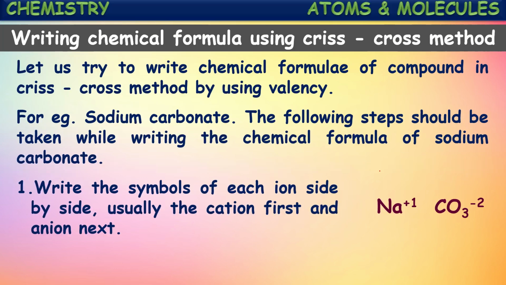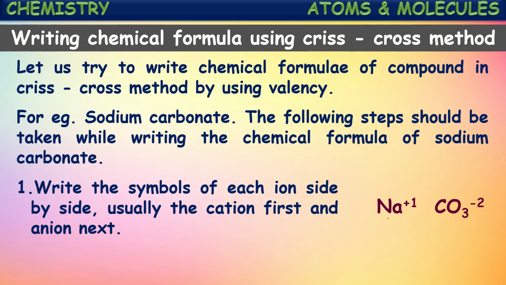And next, writing the molecular formula of compounds. Molecular formula is nothing but the chemical formula, written by using the crisscross method. In the crisscross method, several steps are there. By following those steps, we write the molecular formula.